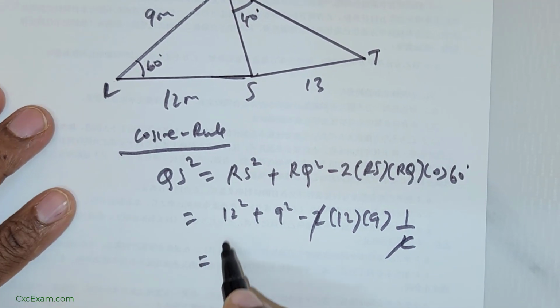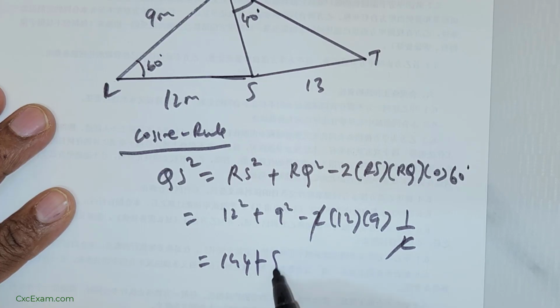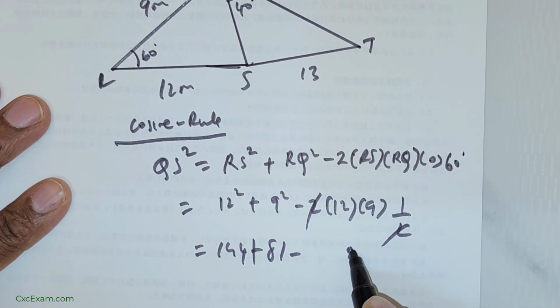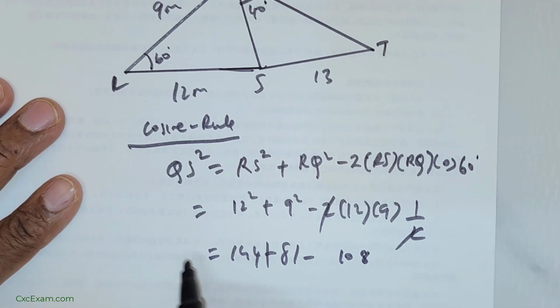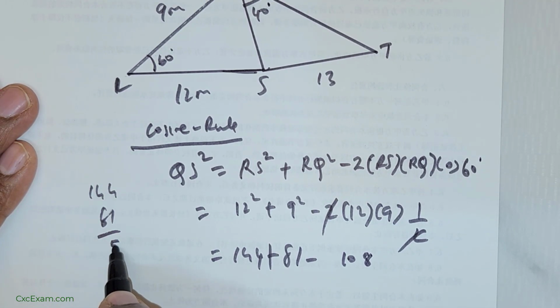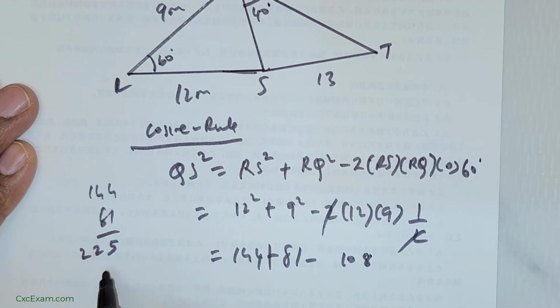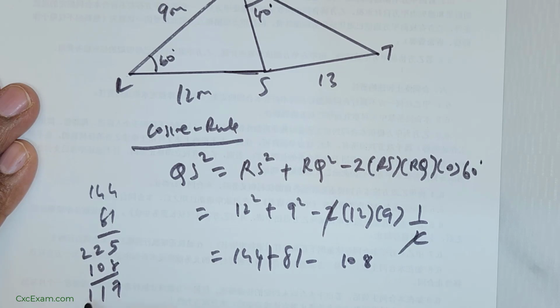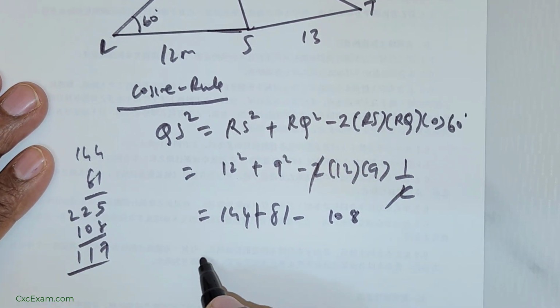The 2 gets cancelled. So 144 plus 81, and 9 twos are 18, that gives 108. So 144 plus 81 is 225. From this you take away 108, you get 117.